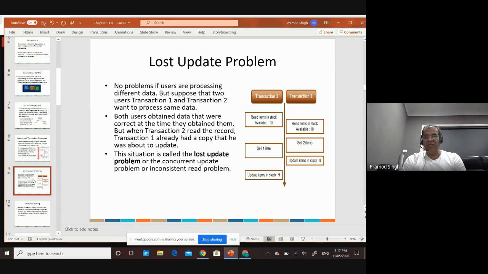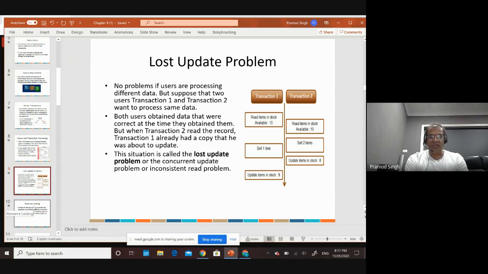The update made by transaction 2 is lost, and that's how the database is not going to be consistent, because the total sale happened of three items, but actually database was updated with only one item sale, and that's how the consistency is gone. And this is one of the biggest problems in concurrent processing on multi-user processing. Let's see the solution for this kind of problem.